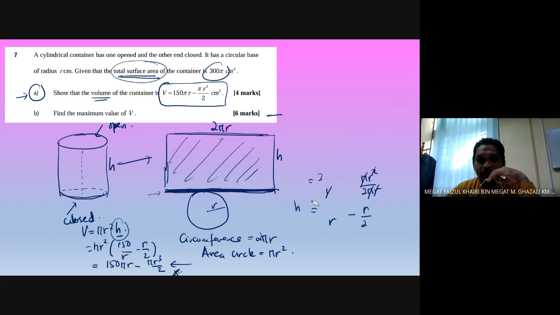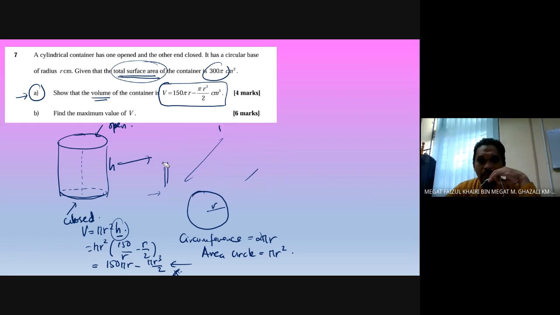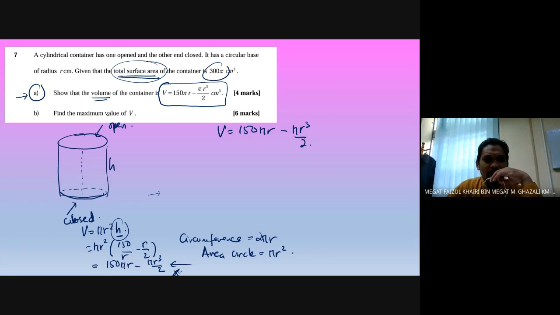So now, it's time for us to solve question B, where the volume equals 150 pi r minus pi r cube divided by 2. Find the maximum volume. So dV by dr. Now class, we have the variable V here.